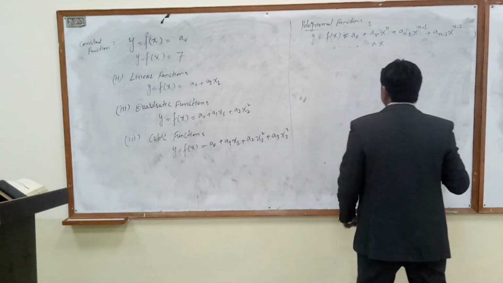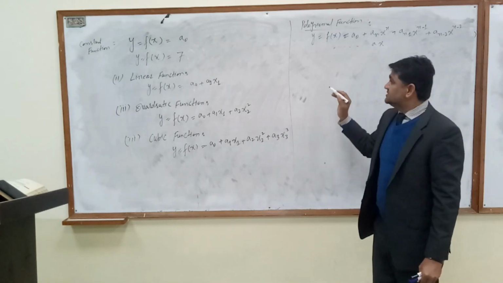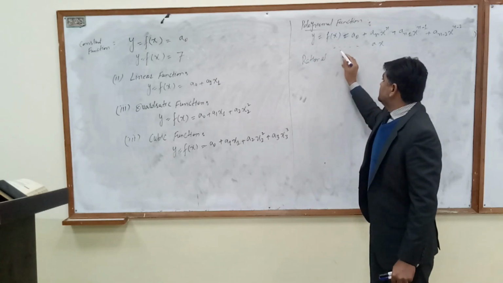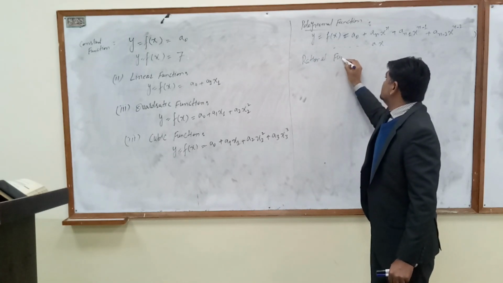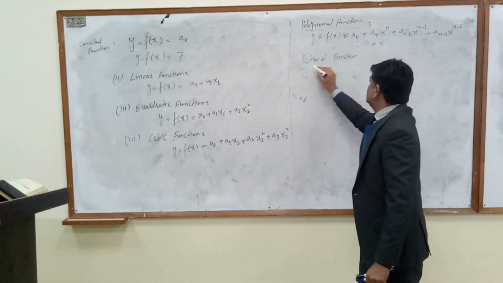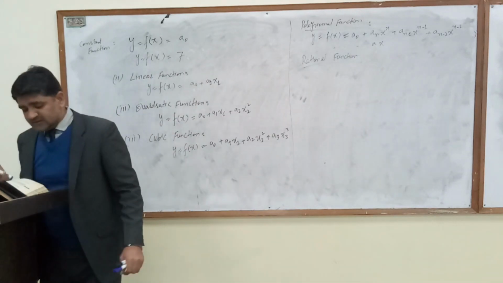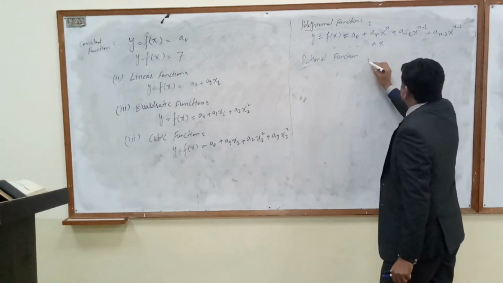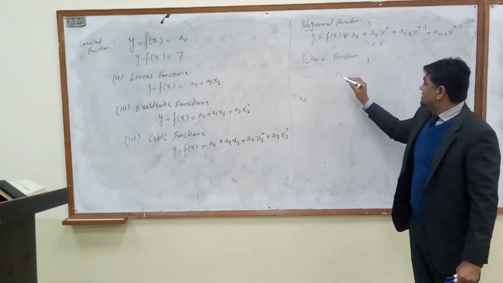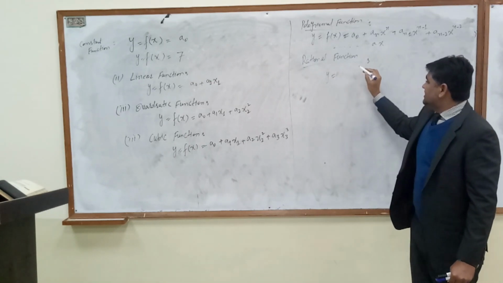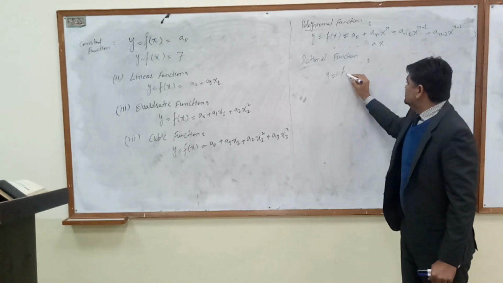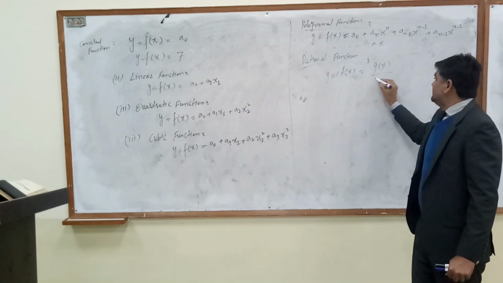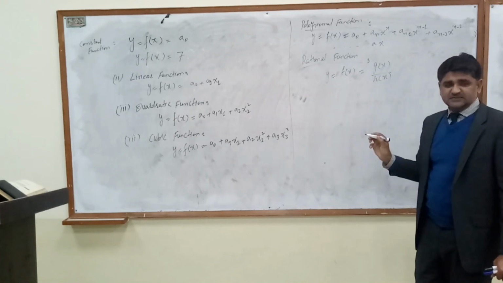When two functions are divided by each other, that is called a rational function, and it can have a general form: y is equal to f of x is equal to, for example, g of x divided by h of x.